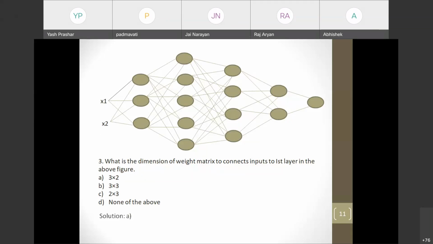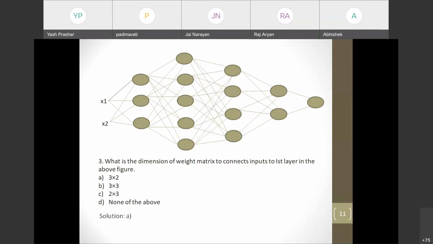But when we need to solve that linear function, as I explained in the presentation, it was the summation of wi into xi plus b. From your school days, we have seen the dimensions of wi and xi, and they should be mapped.